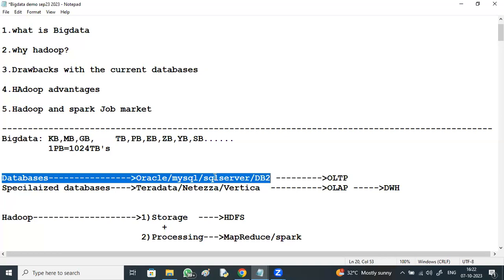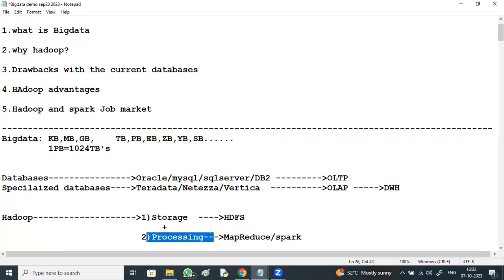They are meant either for storage or processing. But Hadoop is meant for both storing and processing. For storing, we go for HDFS, and for processing, we have got MapReduce or Spark.